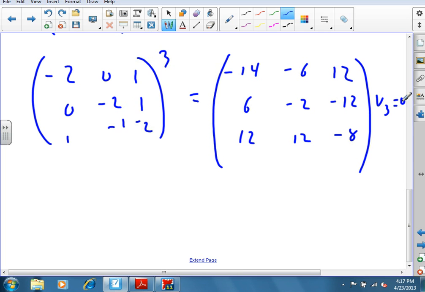Okay. So V3 is equal to, if we go 4, 4, 12, that won't do it. All right, so that's a bad guess.